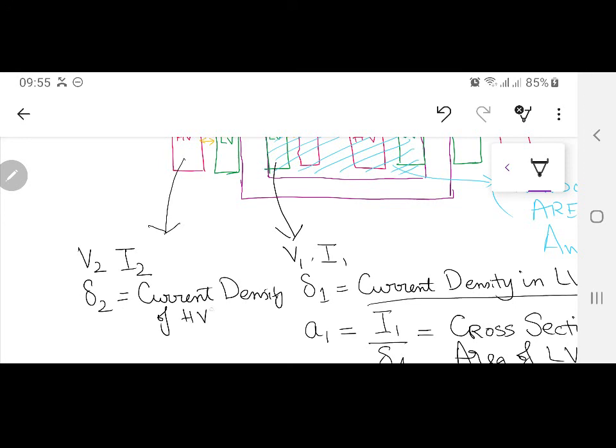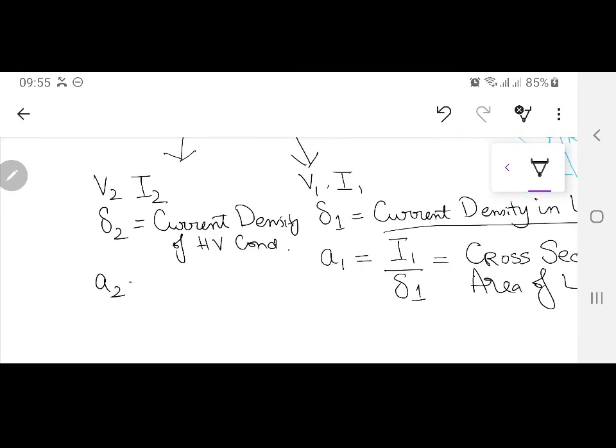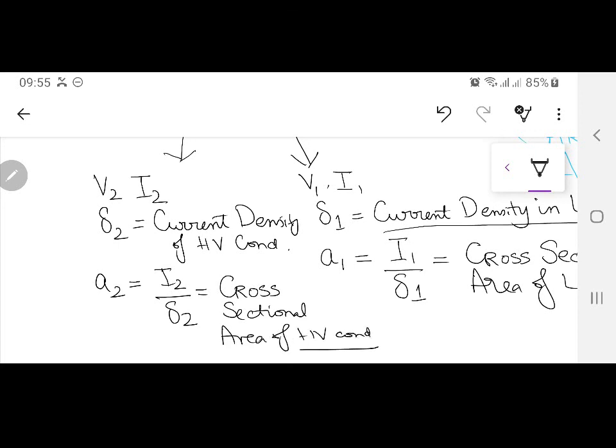of the high voltage conductor, and based on this you have A2, which is equal to certainly I2 divided by delta 2. This is the cross-sectional area of the high voltage conductor.